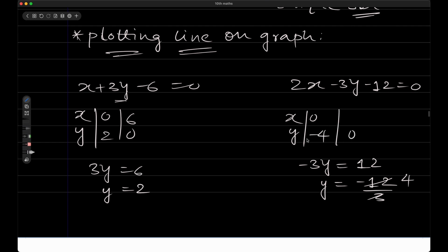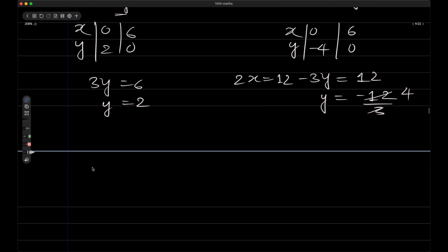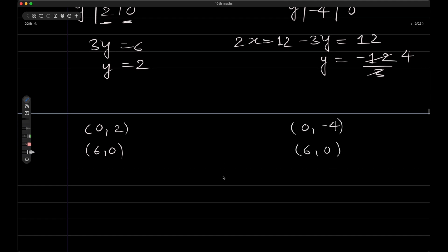And if we put y equals 0, we get 2x equals 12, that is x equals 6. So we got 2 points for each line. For the first line we got (0, 2) and (6, 0). For the second line we got (0, minus 4) and (6, 0).